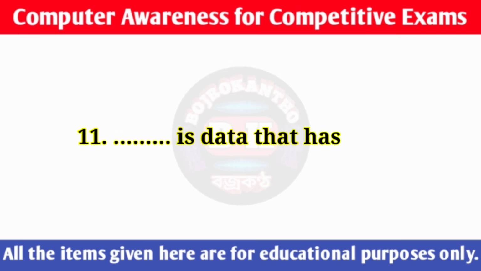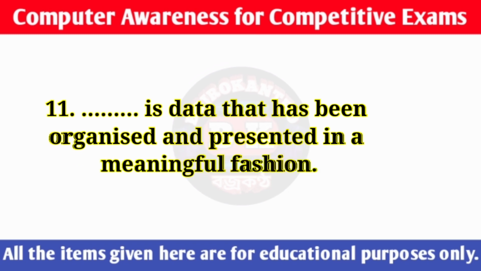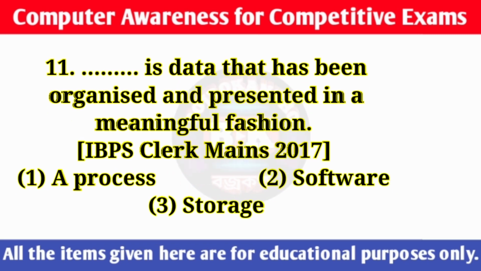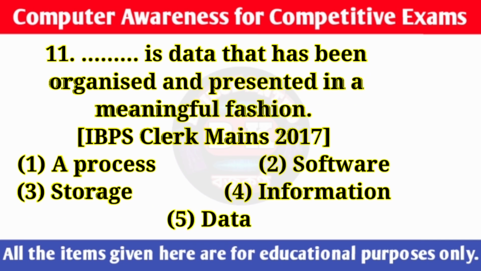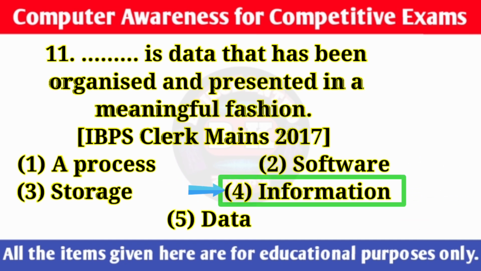Question number 11. This is data that has been organized and presented in a meaningful fashion. Option number 1 a process, 2 software, 3 storage, 4 information, and 5 data. The correct answer is option number 4 information.